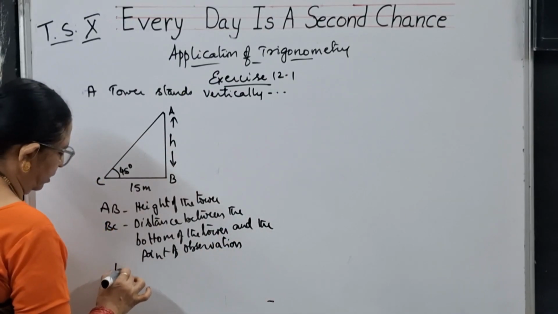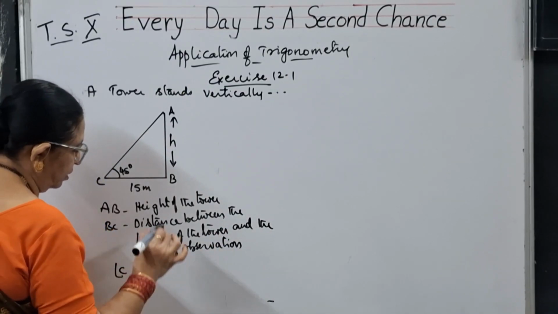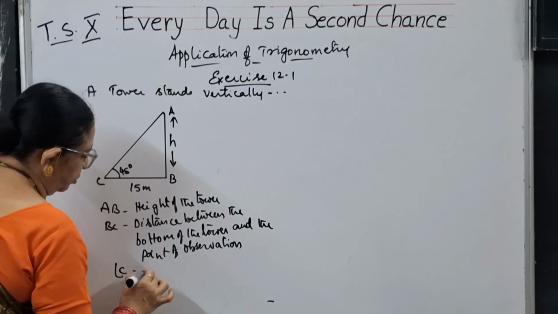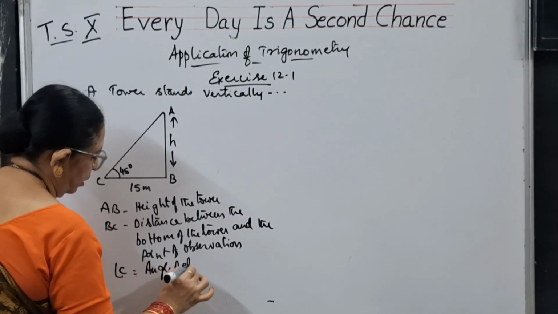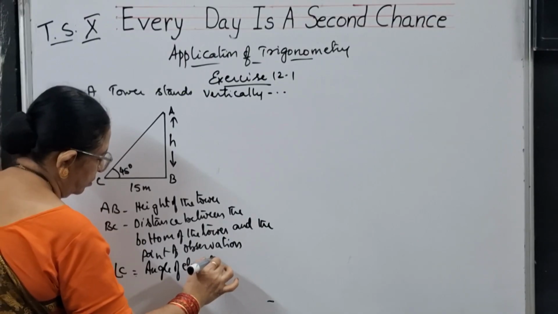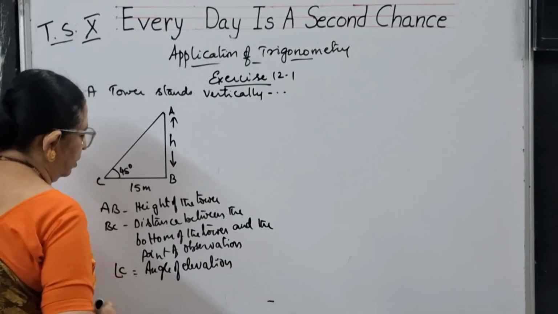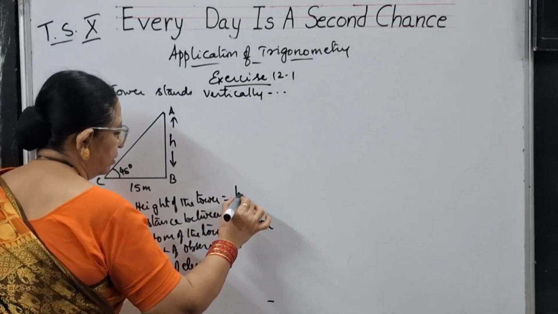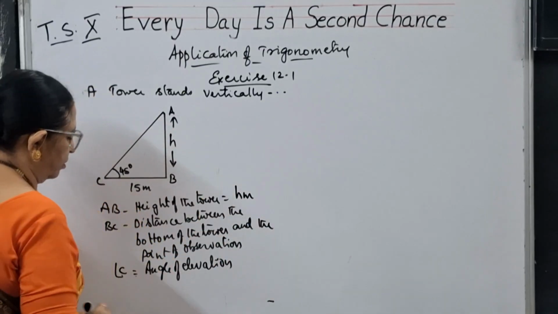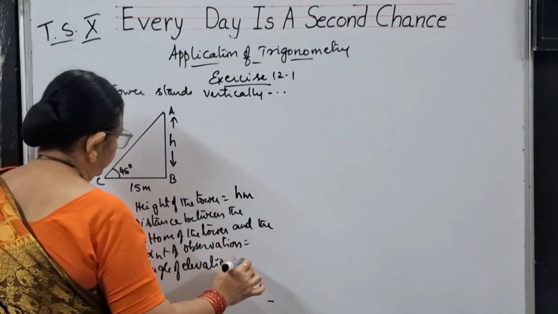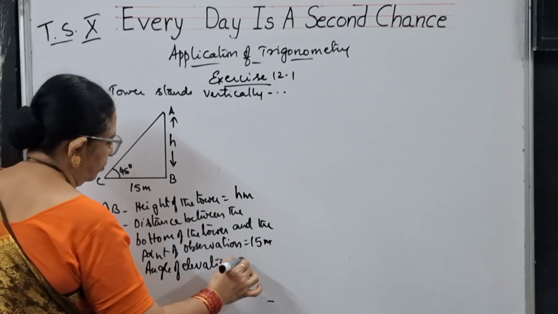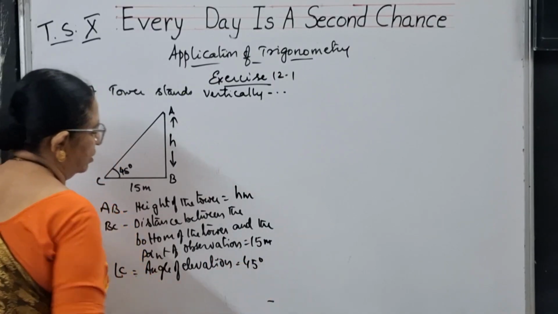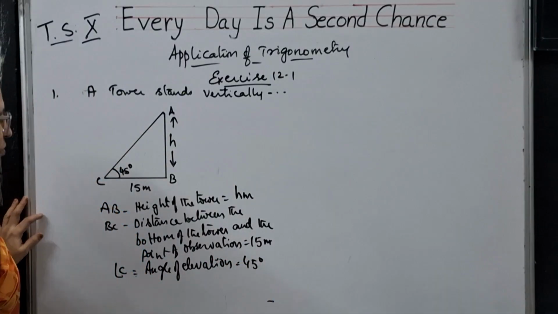And angle C is nothing but the angle of elevation. So here the height of the tower we are considering as h meters, and BC is 15 meters they have given, and the angle of elevation is 45 degrees. So this is what is given to us.